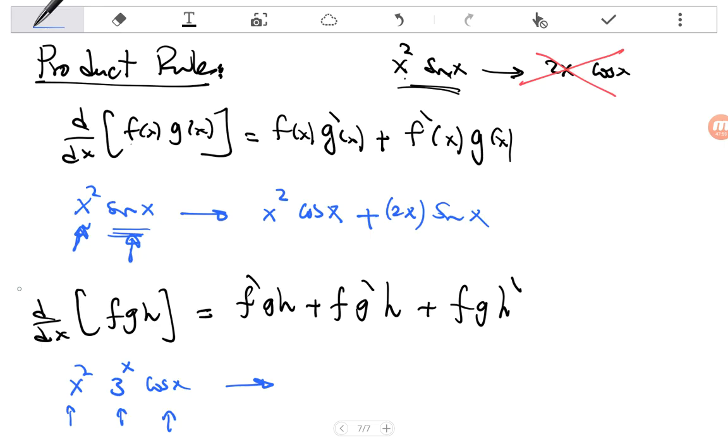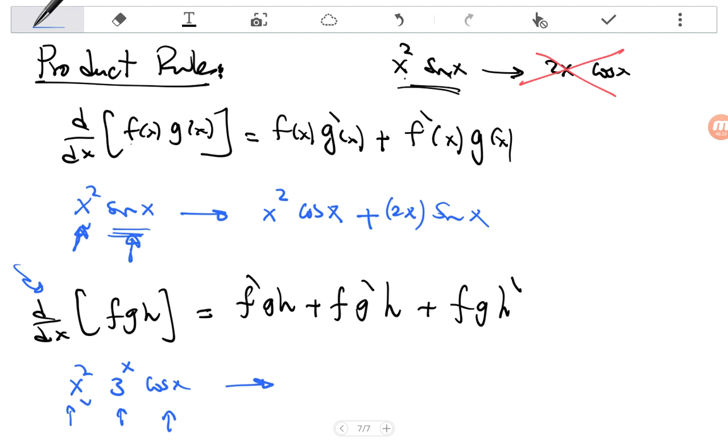So I will use the first rule or the second rule? The second rule. We have three functions, and this rule can be generalized to any number of functions. If I have f, g, h, and so on, I will just move the dash along all of the cases that I'm having in my problem.